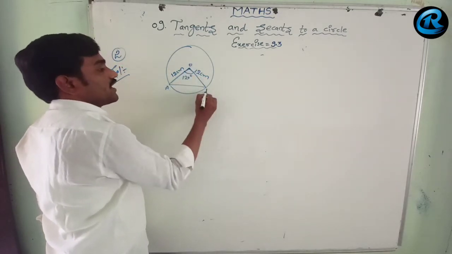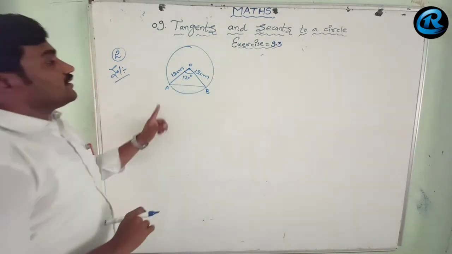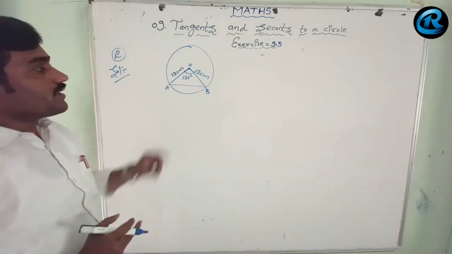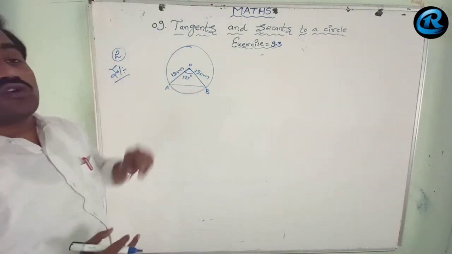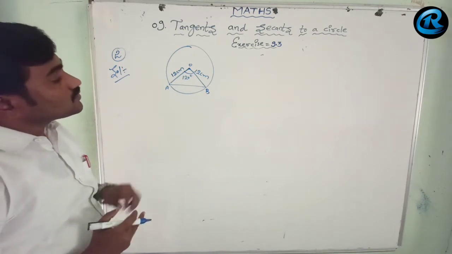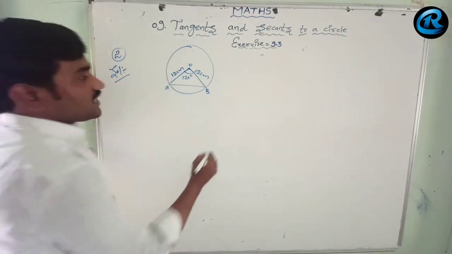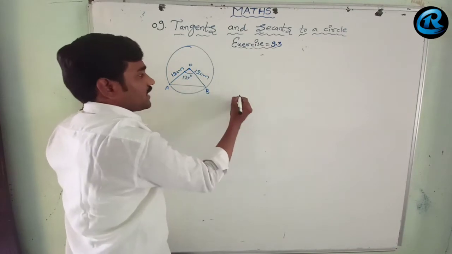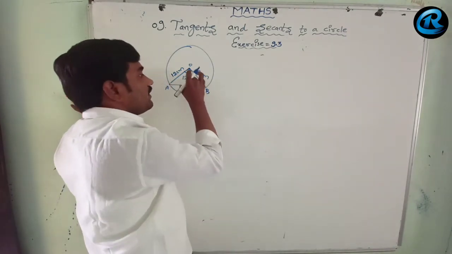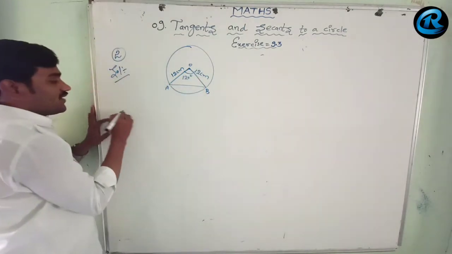Suppose here AB is a chord and AOB is a triangle. AOB is a triangle, that is an obtuse angle triangle. So how do we find the area of this triangle? First of all, let us find out the area of minor segment.